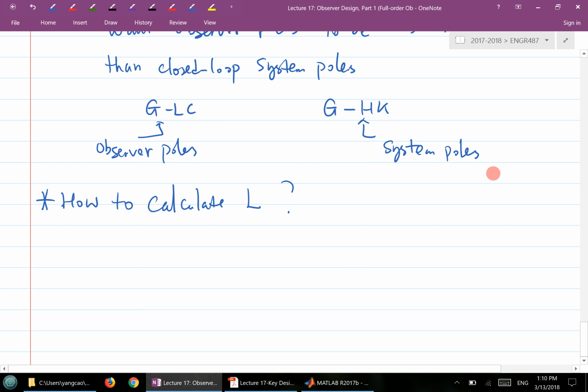We're going to use a little of the knowledge we learned for the pole placement calculation of this K to calculate our L. We're going to come up with a very similar formula, the so-called Ackermann's formula, for this L.